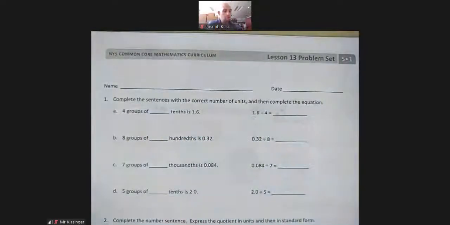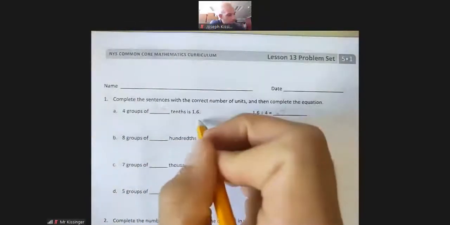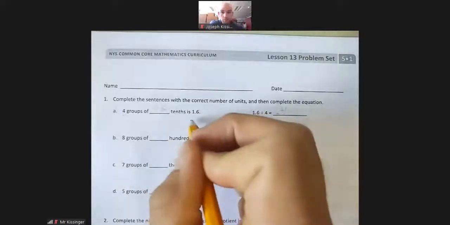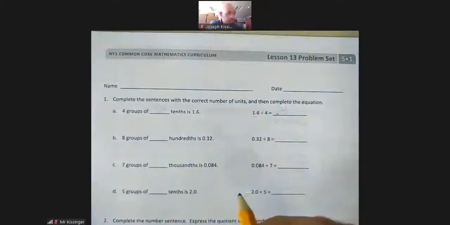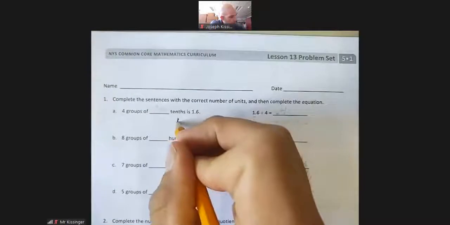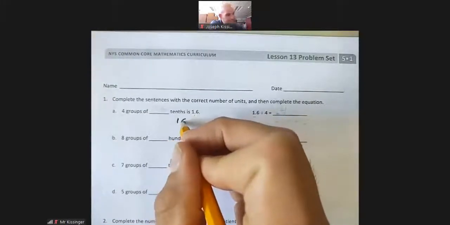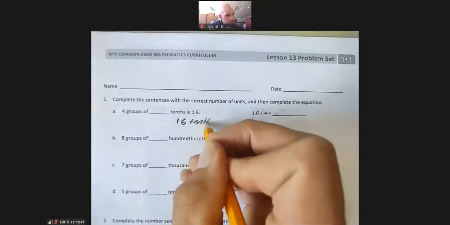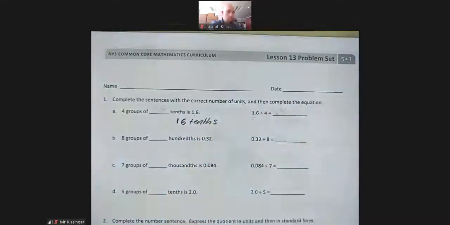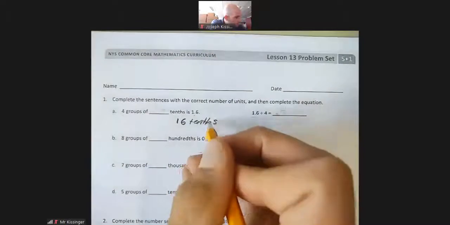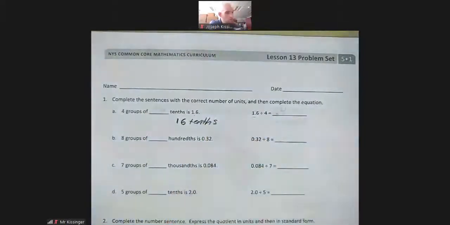It says 4 groups of blank tenths equals 1.6. What we can do to make this easier is, instead of 1.6, look at this as 16 tenths. Now our labels are the same, our units are the same. We're working with tenths.